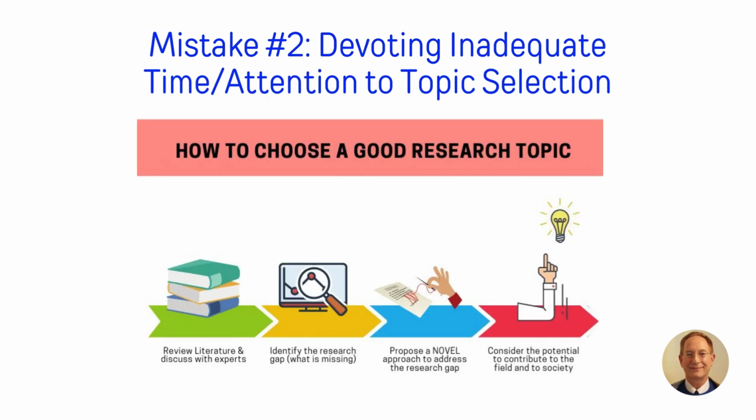Mistake number 2, devoting inadequate time and attention to topic selection. The second major problem that usually becomes evident when I work with a new thesis or dissertation client is that the student has committed to a topic that has not been sufficiently well thought out.